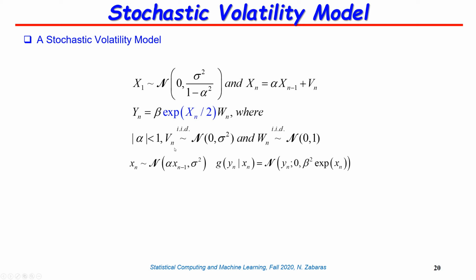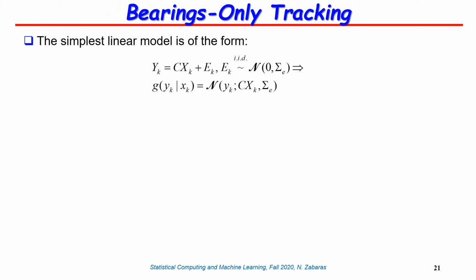So again, the dynamical model is a simple linear Gaussian model with this mean and this variance, and the observation model is much more complicated because of this dependence on the exponential of the unknown states. This stochastic volatility problem will be a fantastic example to test various sequential Monte Carlo algorithms that we're going to see in the next few lectures in this course.